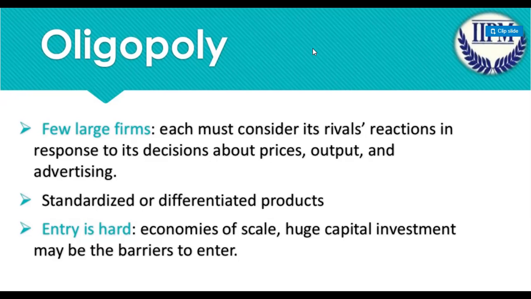Patents, requirement of large capital, and control over crucial raw material are some of the reasons which prevent new firms from entering the industry. Only those firms enter the industry which are able to cross these barriers. As a result, firms cannot earn abnormal profit in the long run.